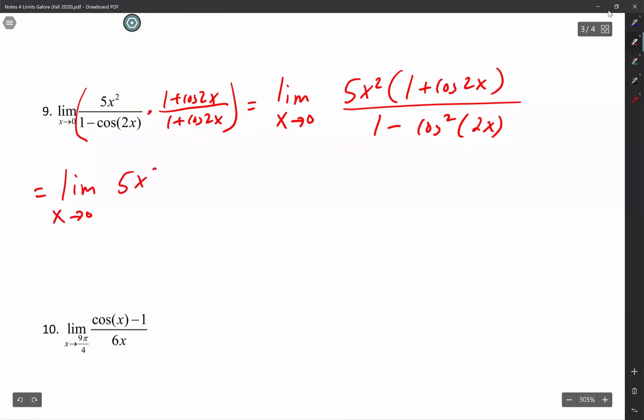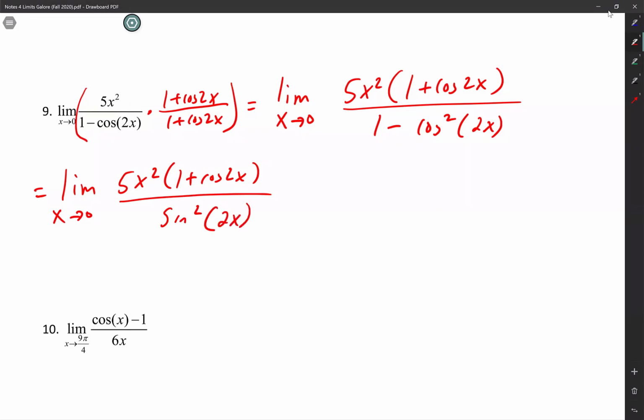And I have 5x squared. Chavez, how come you're not putting that giant parenthesis? I will in a little bit. I don't need it yet. Sine squared, and I got to keep the argument 2x. All right, now I'm ready to expand. I write the word limit because I still haven't solved anything. I put a giant parenthesis. And let's see, what do I want to do first?